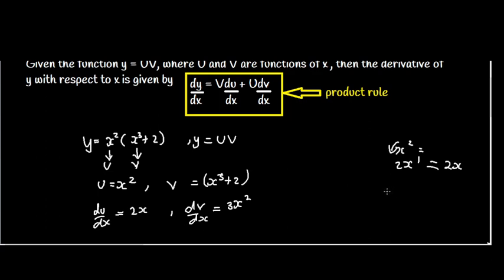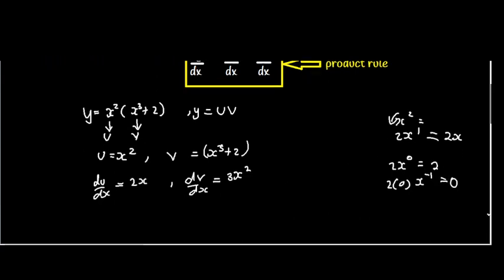If you have something like 2x to power 0, we agree that this is the same as 2, because x to power 0 is the same as 1. When you drop this 0, you have 2 multiplied by 0, then x to power negative 1, and this 0 reduces everything to 0. So whenever you differentiate a constant, you get 0.